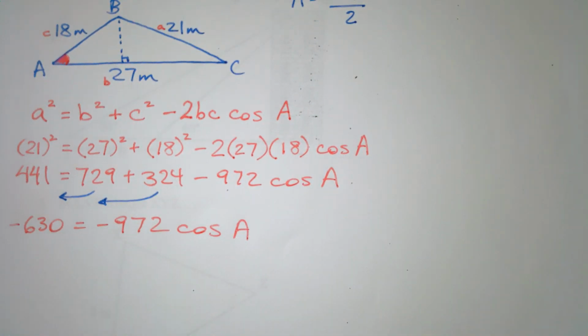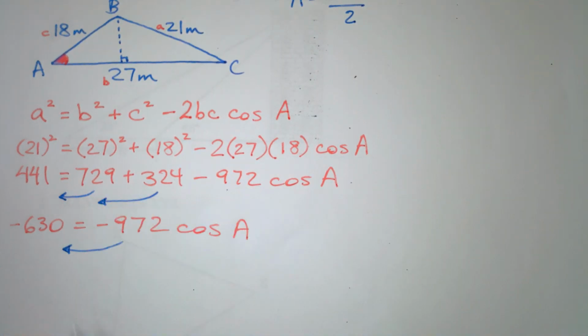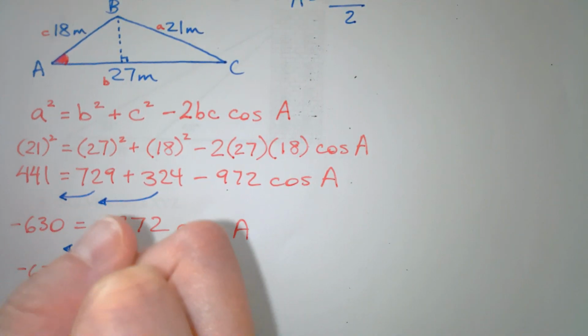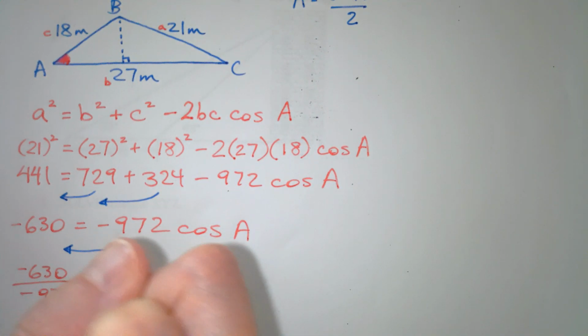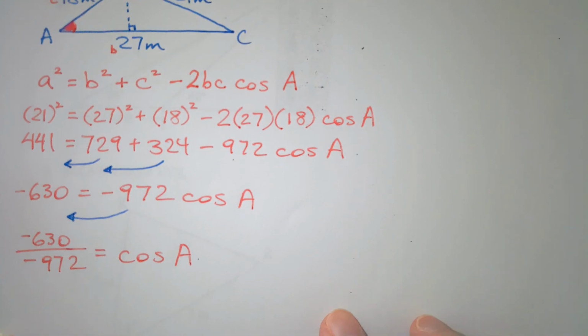What do I do with that negative 972 now? Cindy? You divide by cosine A. You move it over by dividing, right. I'm just writing out the full step, you don't have to. You move it over by doing the opposite, which is dividing in this case.